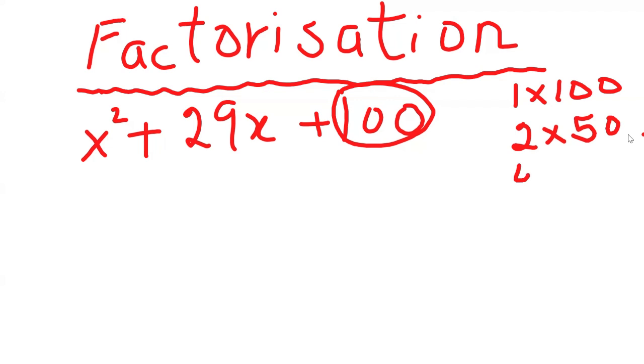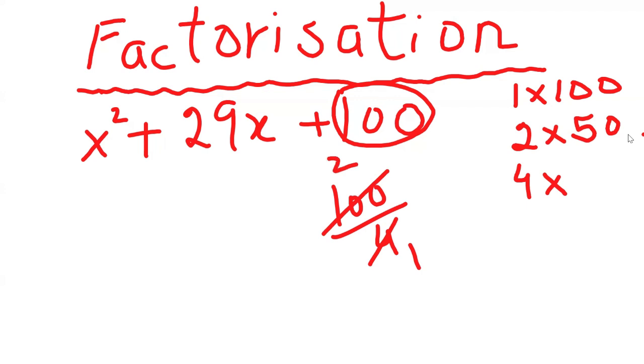Yes. 4 multiplied by, you can just divide over here and you will get the term. 4 ones are 4, 4 twos are 8, 4 fives are 20. 4 multiplied by 25.